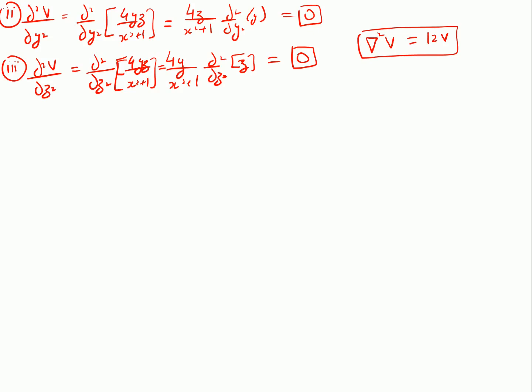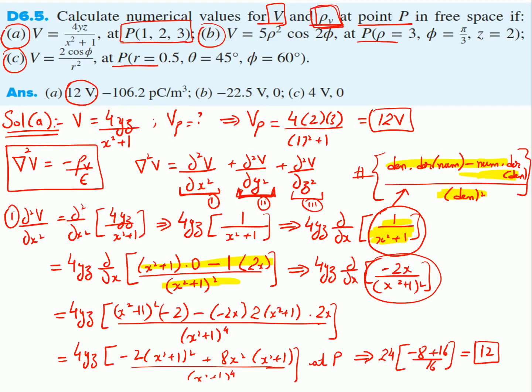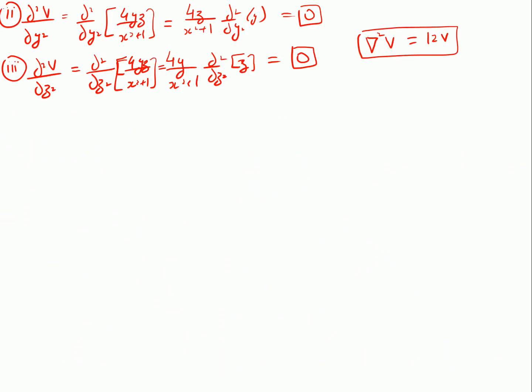And since I want to find rho v, the value of rho v is going to be given by del square v is equal to minus rho v by epsilon. So it is going to be 12 is equal to minus rho v divided by 8.85 into 10 raised to power minus 12, and the answer comes out to be, remember we are finding rho v, is equal to 106.28.